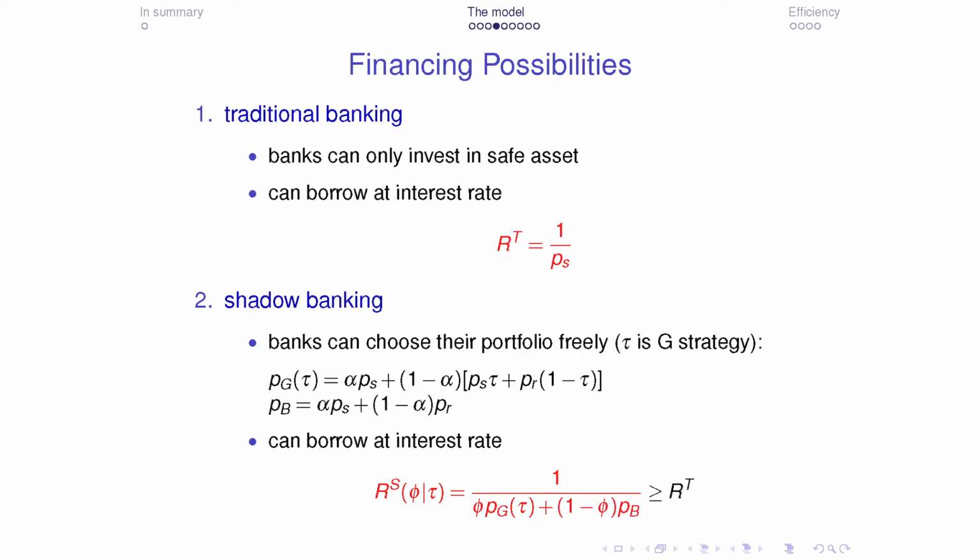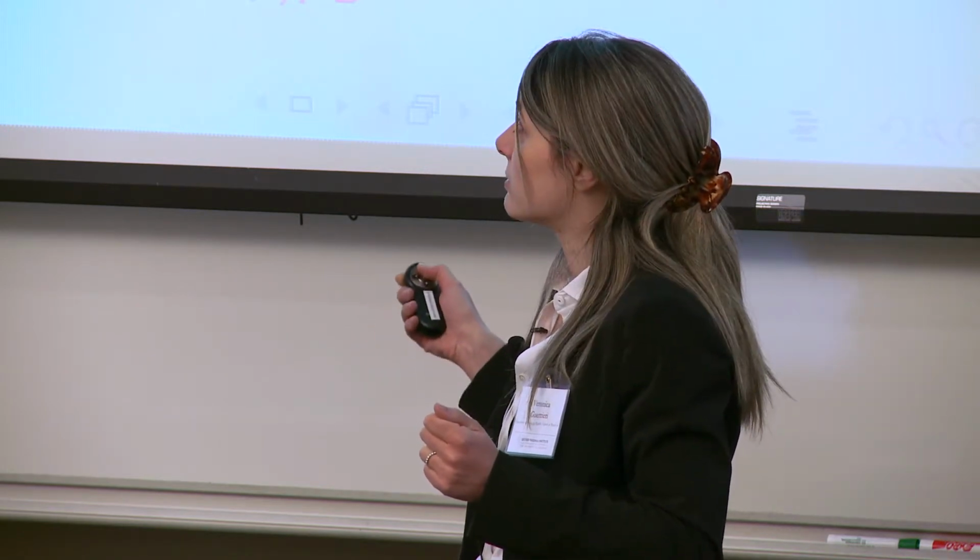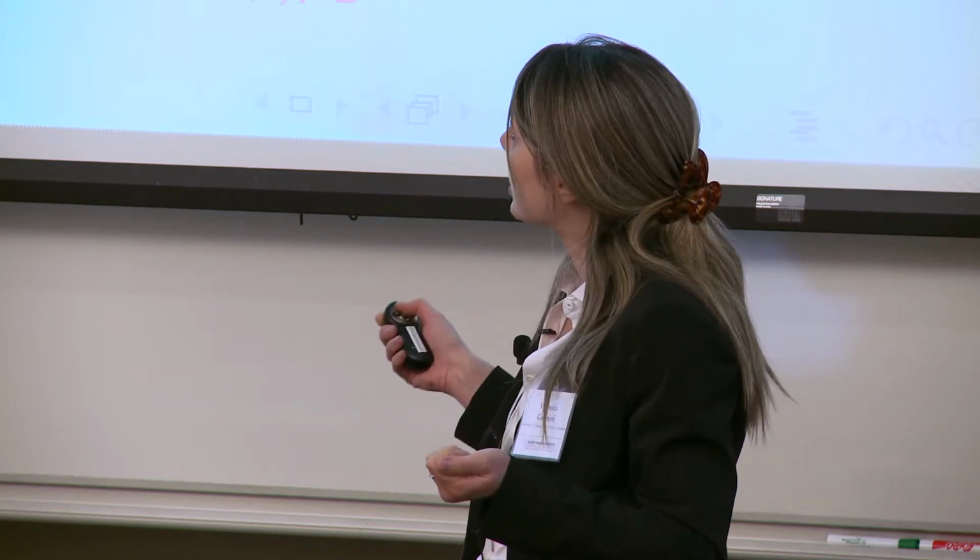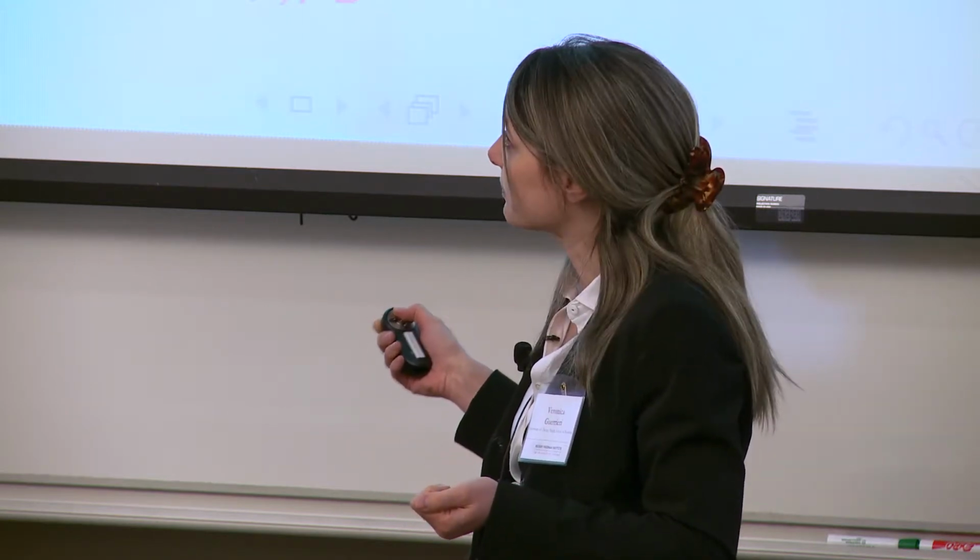With probability 1 minus alpha, when the asset is inferior, if it's behaving optimally, then it's also going to repay with probability PS, because it's going to choose to switch to the safe asset. If instead it takes the risk, then it's going to repay only with probability PR, because it stays with the risky asset, but now the risky asset repays with lower probability. And the bad bank is always going to stay with the risky asset.